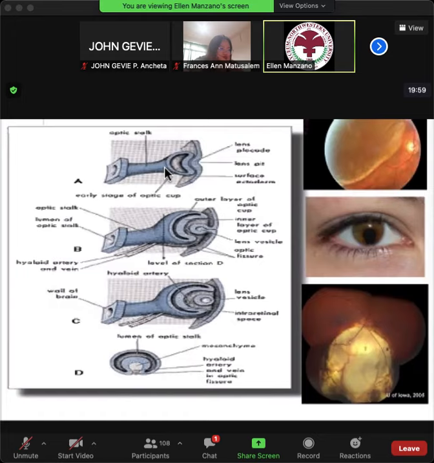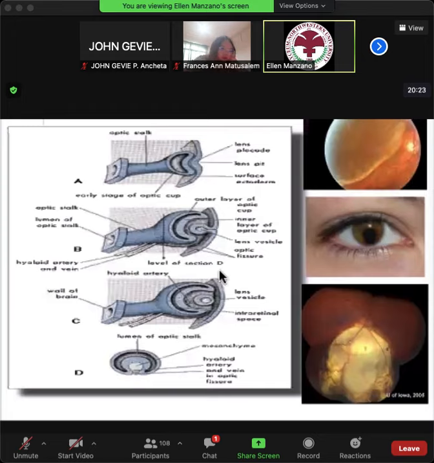The outer layer of the optic cup evolves as a monolayer of cells to become the RPE. The inner invaginated layer will become the neurosensory layer, or neurosensory retina, which will become the 7 layers of your retina.